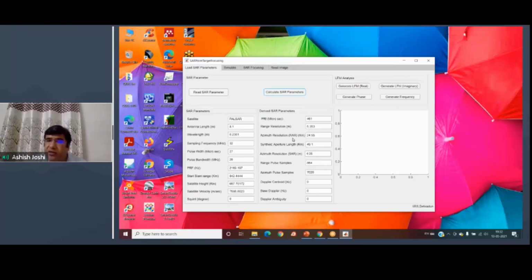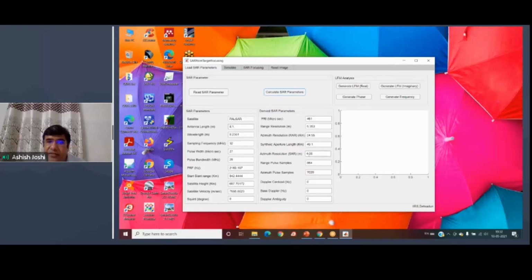Now azimuth resolution for the real aperture radar case is given by L lambda by R. So 24 kilometer is the azimuth resolution. But after using the synthetic aperture concept, it gives an azimuth resolution of L by 2, where L is the antenna length.